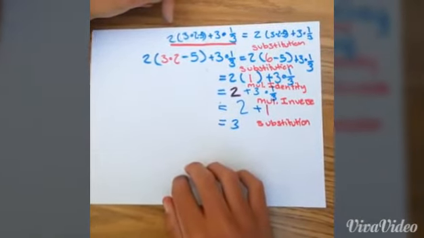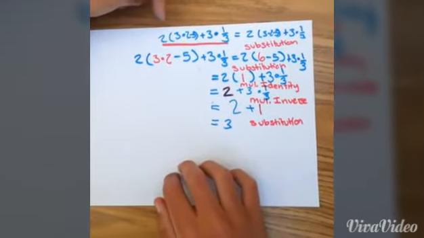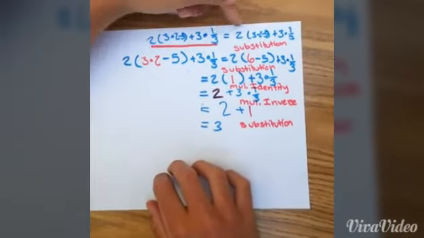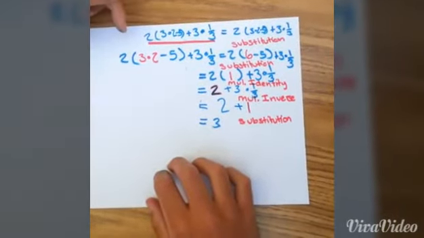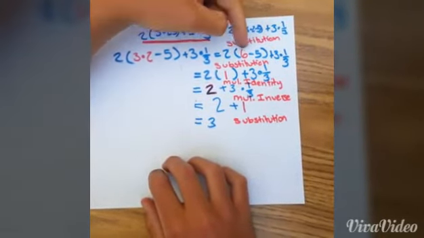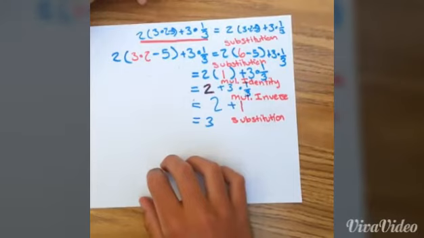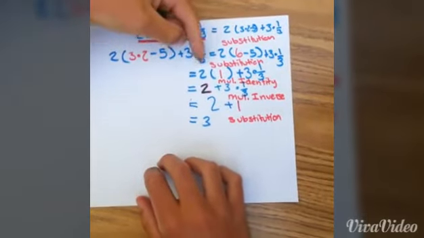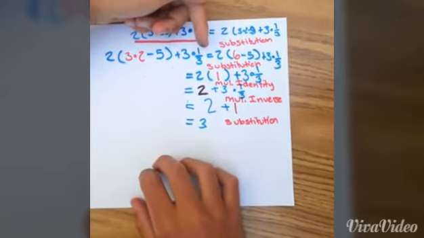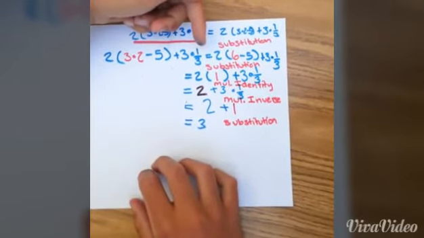Evaluating equations using properties, it's best to use a given equation and make it equal to itself. For example, in the first step, when you're multiplying 3 and 2, you substitute it with 6, so that's substitution. For the second step, 6 minus 5 equals 1, so you're substituting 6 minus 5 with 1.